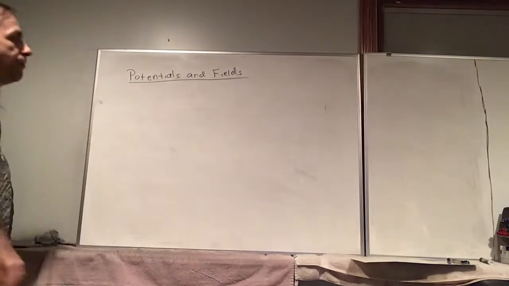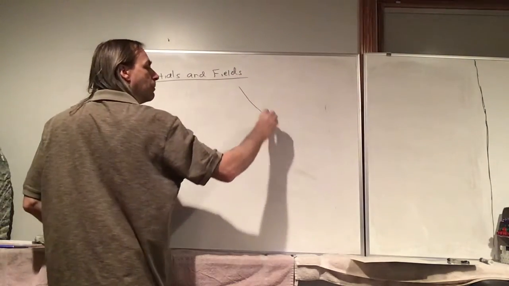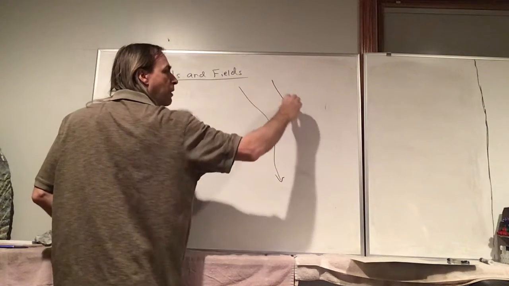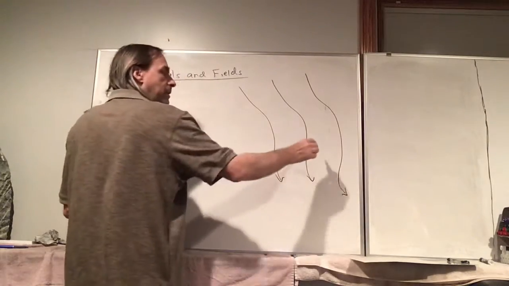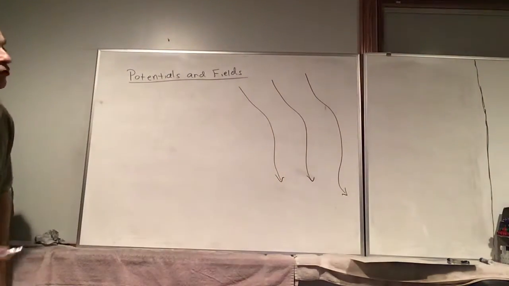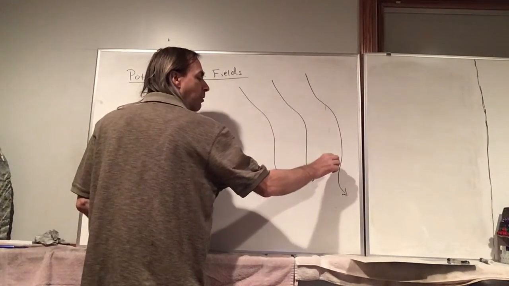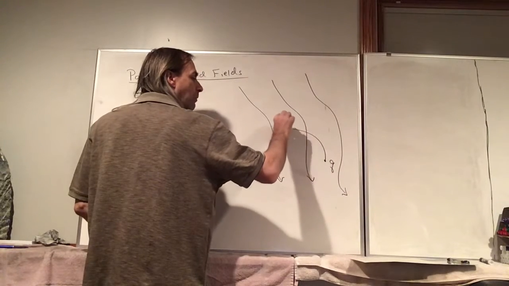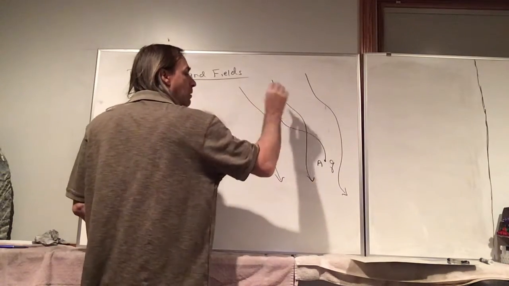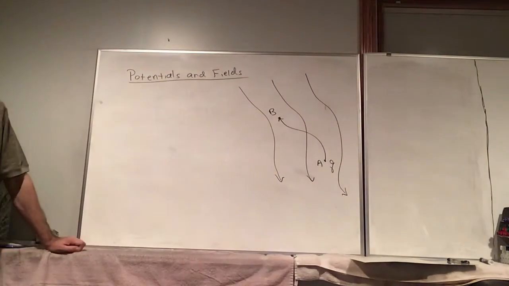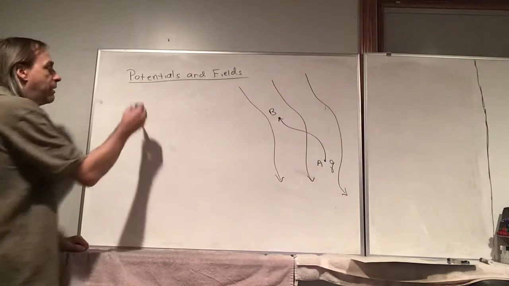so we're going to start out. Say we have an electric field in some region. So we have these electric field lines that are totally random. Say they look like this. And I want to know what the potential looks like in this region. So let's consider this charge, Q, moving from, say, point A to point B. Of course, we want to calculate the work.